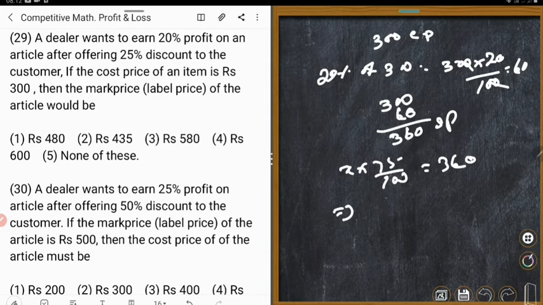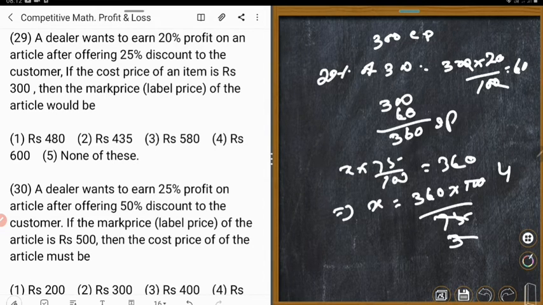Implies that X is equal to 360 into 100 upon 75, is equal to 480. Correct answer is 1. Number 1. Could you understand?